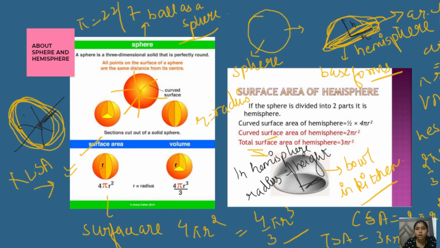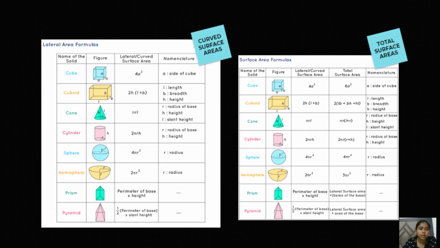Now there is a summary of all the formulas I have told you, so you just have to go through them very carefully, that is, what is the lateral surface area and what is the total surface area of the given figure.